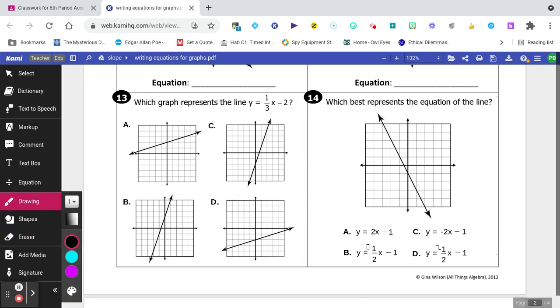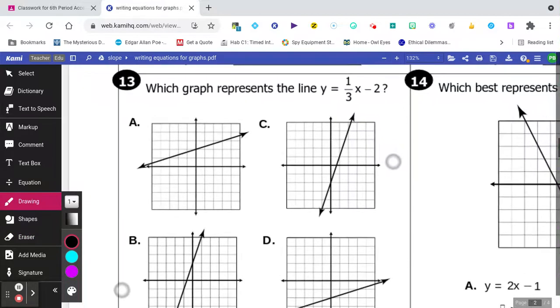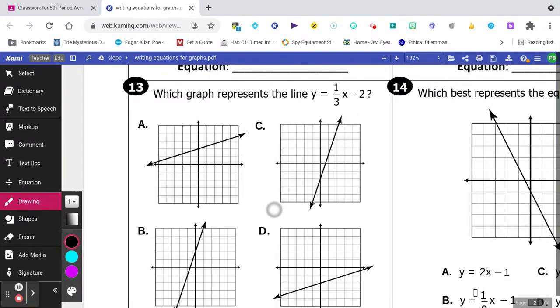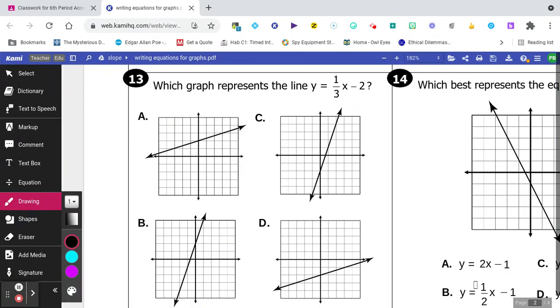So 13 says, which graph represents the line y equals 1/3 x minus 2? What you do to pick out the graph is you look for your slope. Your slope here is 1/3. And your y-intercept, or your b, is -2.